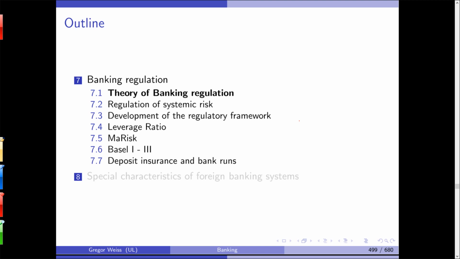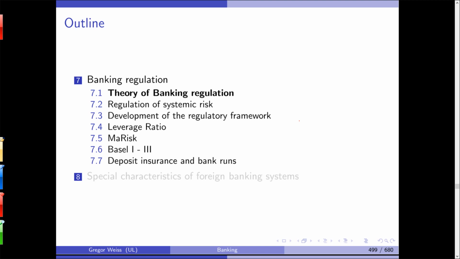Maybe you have some kind of hybrid financing, mezzanine financing. So as a regulator, you tell banks, take equity times 100%, take this and this part of debt, maybe times a factor of 50%, plus mezzanine financing times 20%. You add this all up, and what you get is what we call regulatory capital or risk capital.